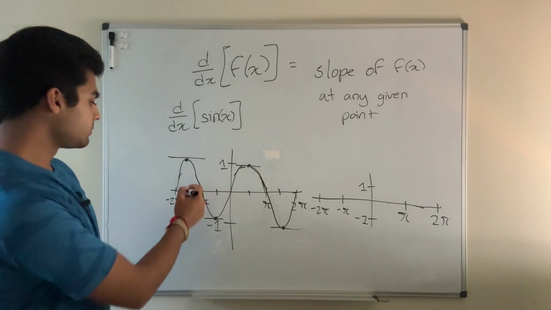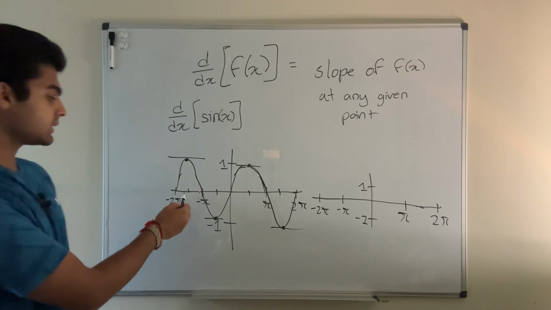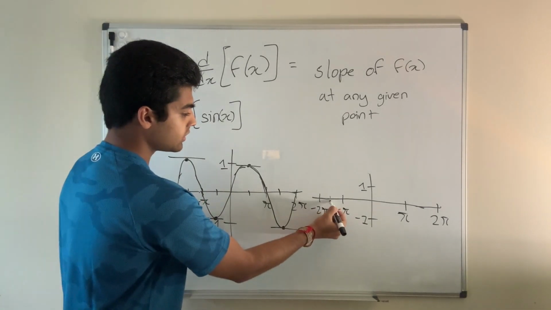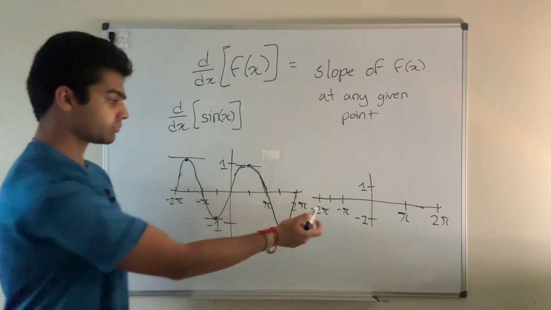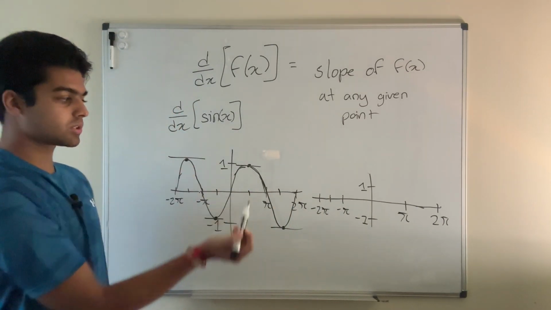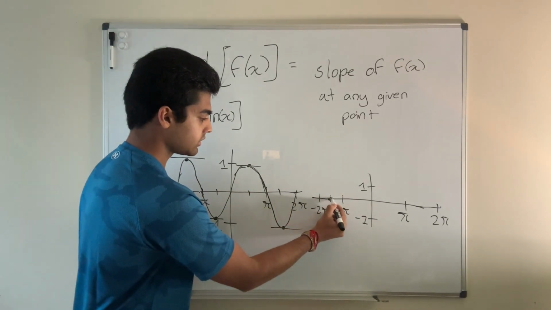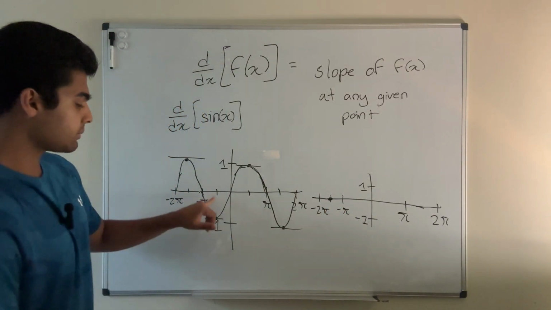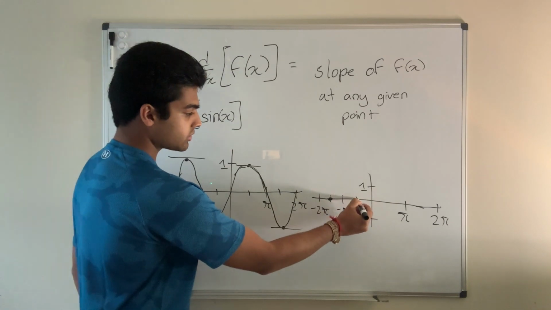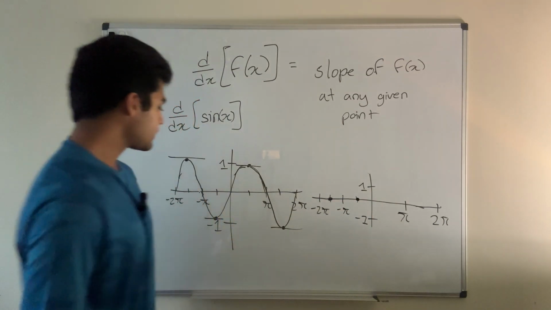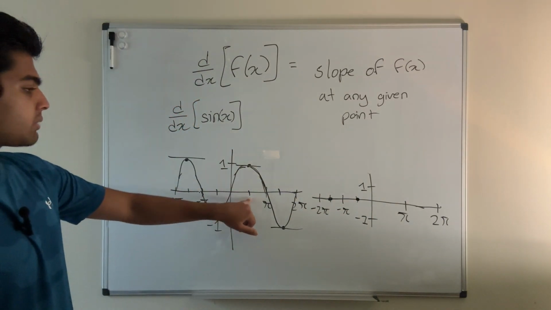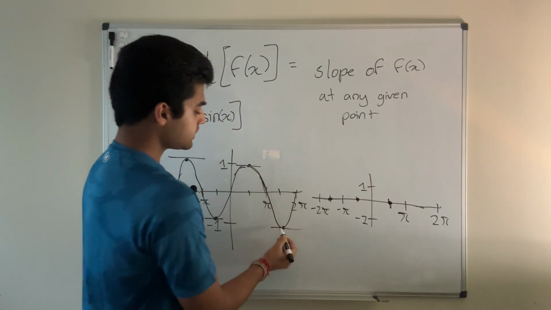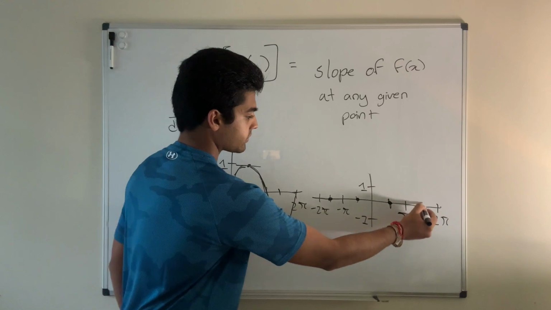So we can comfortably say that when x is negative 3 pi over 2, which is going to be right here, the derivative value is just going to be 0. So we're just going to have a point right here. We can say the same thing right here for negative pi over 2, because the slope is also 0 there. Again, we can say the same thing for pi over 2, and the same thing for 3 pi over 2.